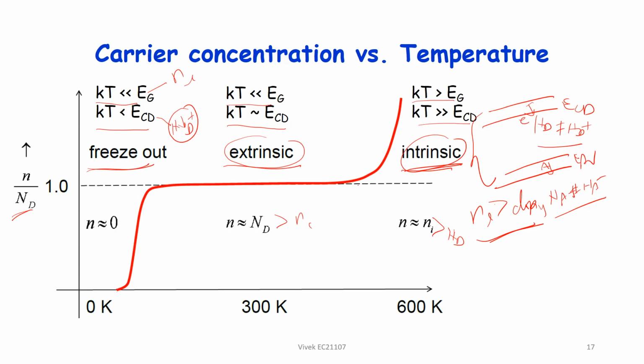At 0 Kelvin, silicon will be semiconductor or insulator? Correct, it will be insulator, because it has a band gap and there is no thermal energy for electron to jump, so Ni will be 0, right? So Ni is basically kind of increasing from here like this.